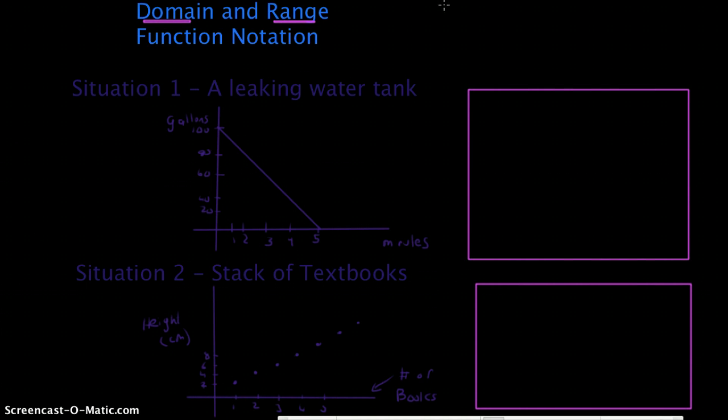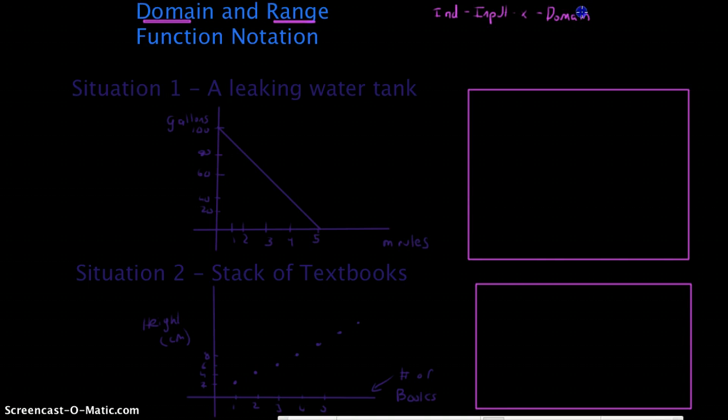So we've talked about an independent variable, and we've talked about this idea of an input. We always said those are usually the x values. In Algebra 1, instead of using x values or independent variable, we're usually going to call it domain.